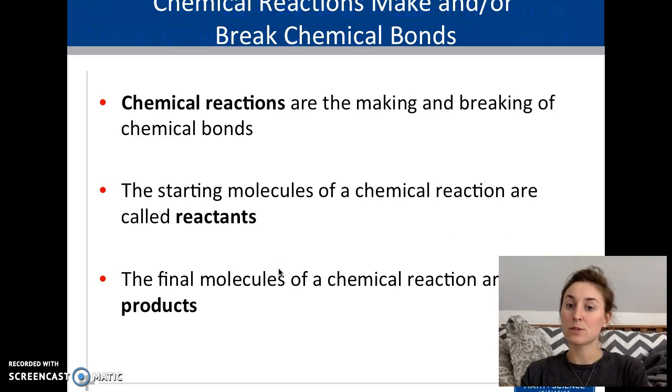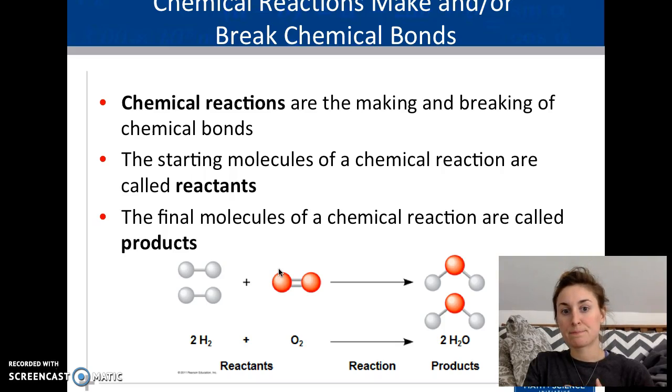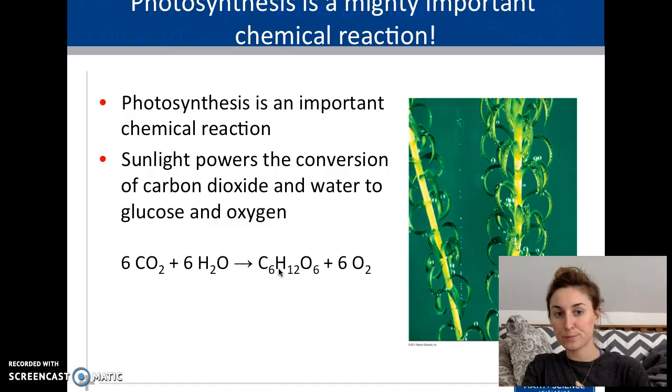Other things, chemical reactions are the making and breaking of chemical bonds. It's as simple as that. We start with reactants, we finish with products. If you remember balancing equations, things like that. For example, we have the reactants, the reaction, and we make the products, hydrogen and oxygen making water.